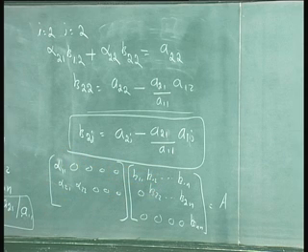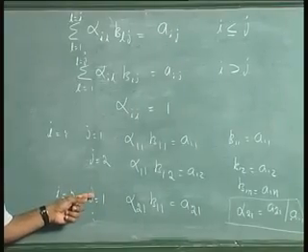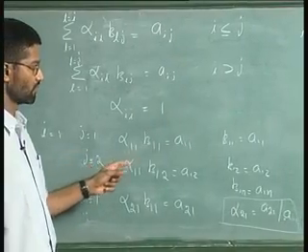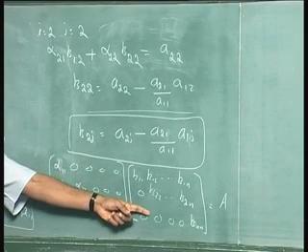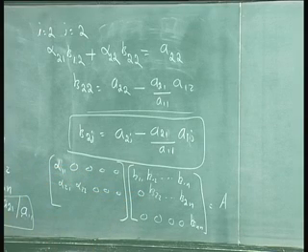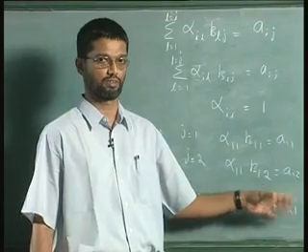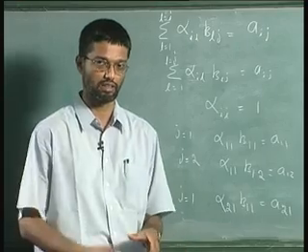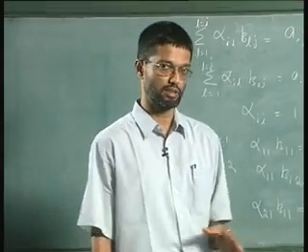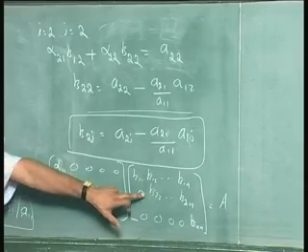Now that is exactly what we did when we did the Gauss elimination. So it turns out that this beta matrix which we get here is exactly the same as the matrix which you would get on Gauss elimination. In simple Gauss elimination, the upper triangular matrix we finally get is the same as this beta matrix.